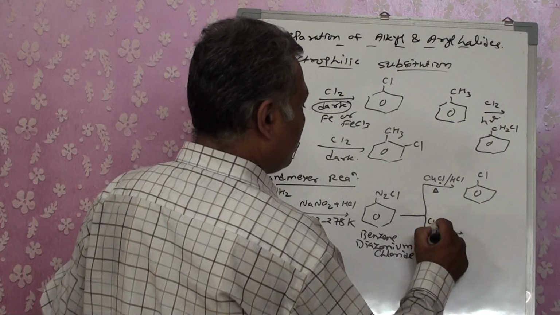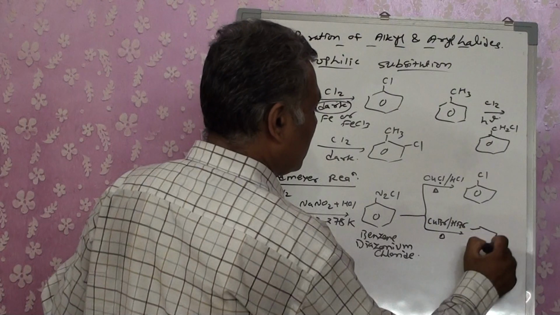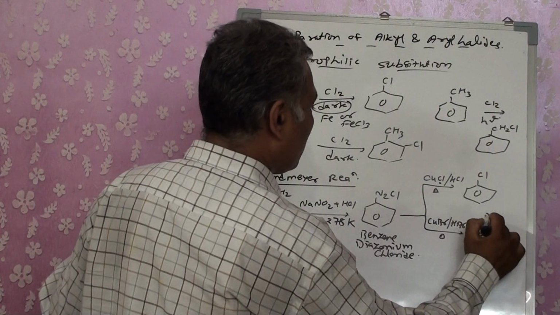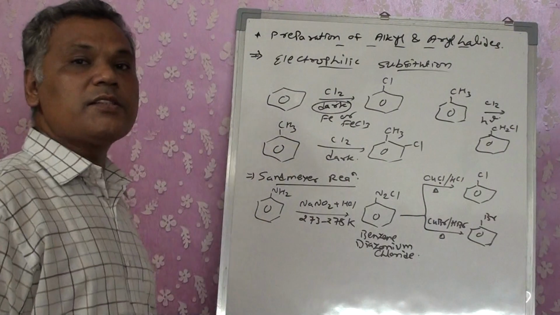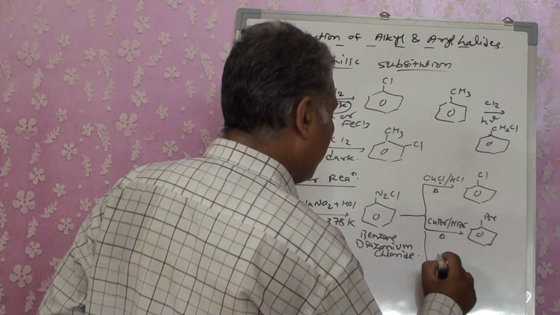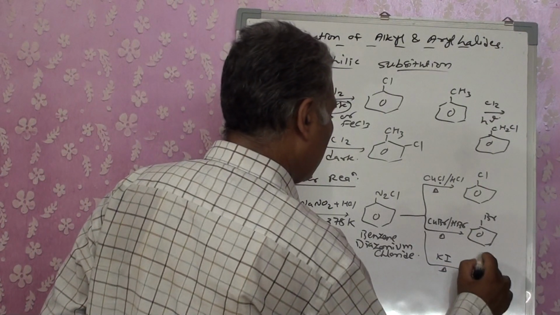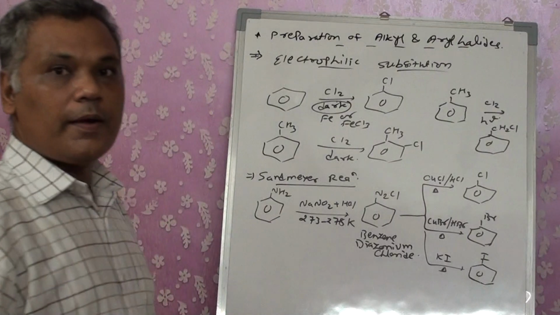In place of that, if you use CuBr, HBr, on heating, it gets converted into bromobenzene. Now CuI is not a possible compound, but I want an iodo halogen, so we use KI. We get iodobenzene, right?